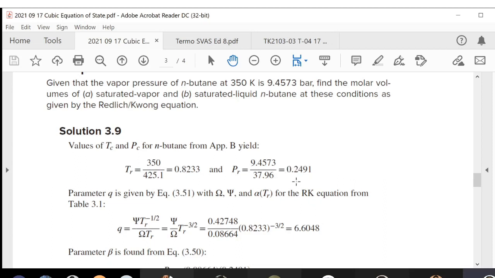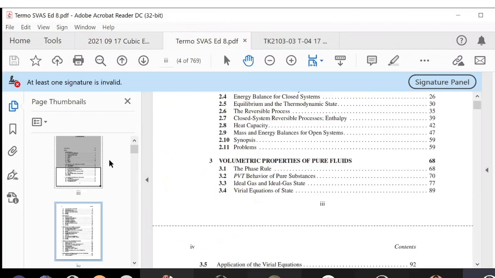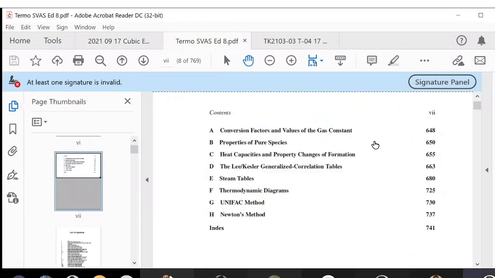Let's go to Appendix B in order to check the critical temperature and pressure. How to check? You go to Appendix B. What is the page of Appendix B? It is page 650.